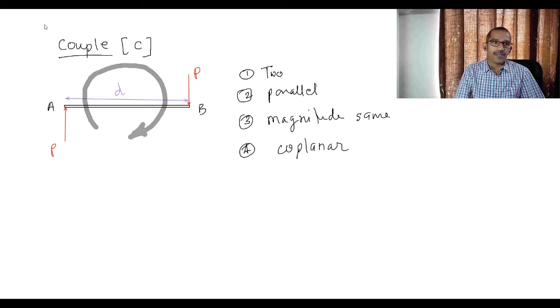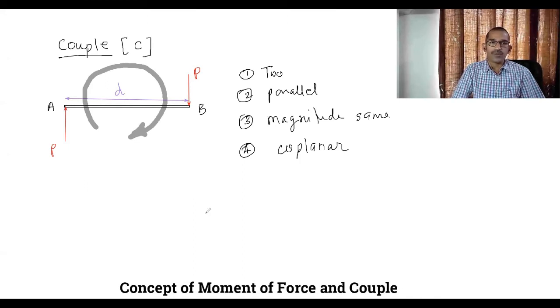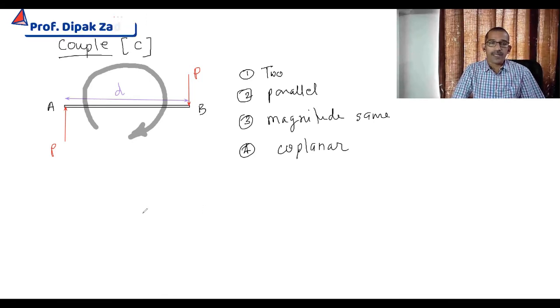That means again the tendency of the body is to rotate, but it is due to the effect of what? Two forces, not due to one force. And when any body is subjected to two forces which are equal in magnitude, two in number, parallel to each other, and coplanar, then such two forces constitute a couple, and the effect is that the body tends to rotate.